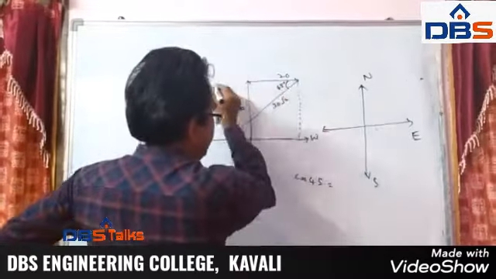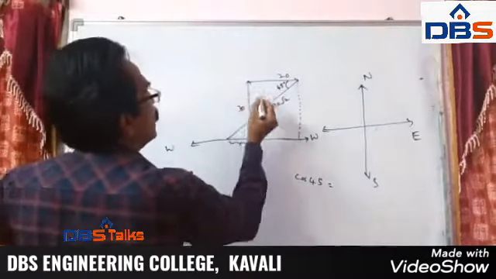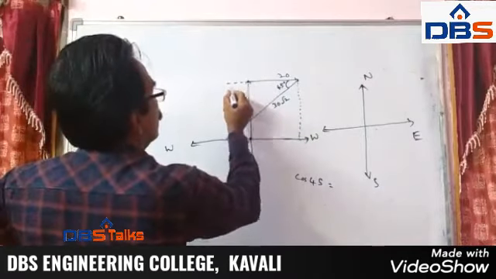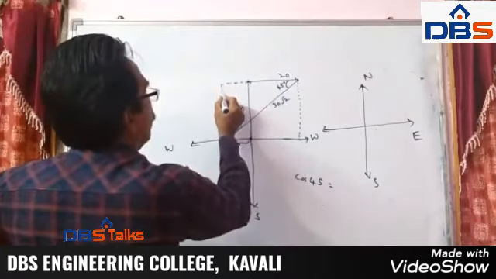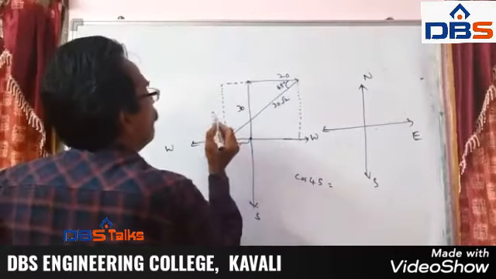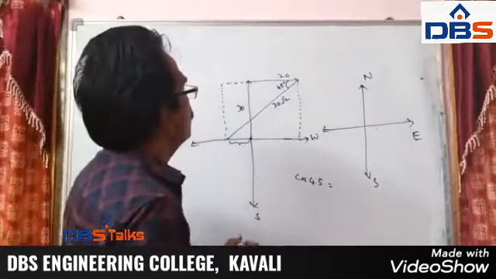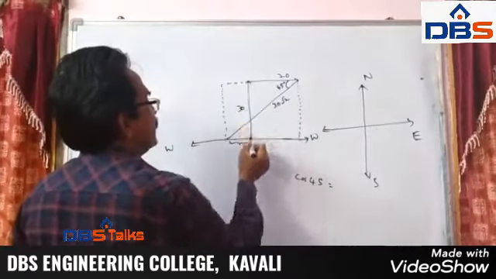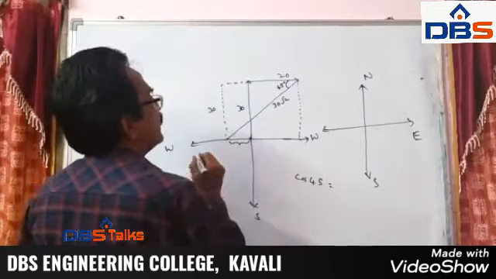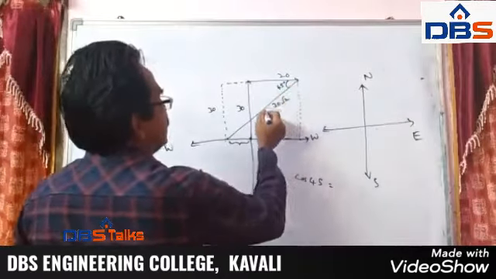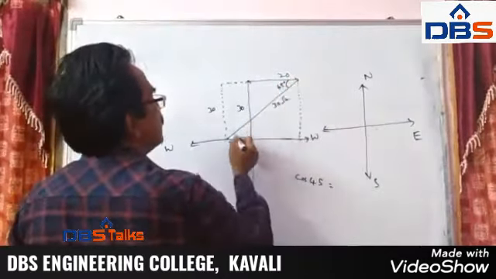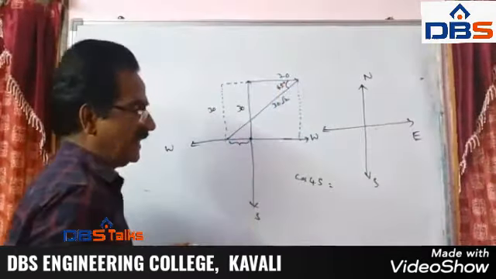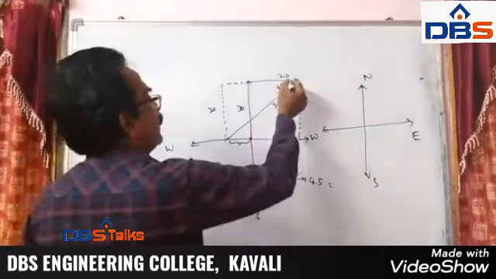I shall draw this also. See, friends, you can clearly understand. This is 30, this is 30 root 2, this is 30. This angle is 45.